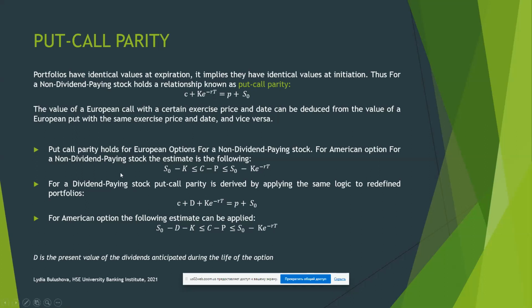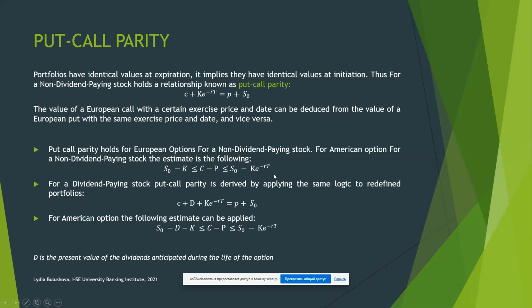This put-call parity holds for European call and European put options. As for American options on a non-dividend paying stock, we don't have a parity, but we have an estimate, this inequality.